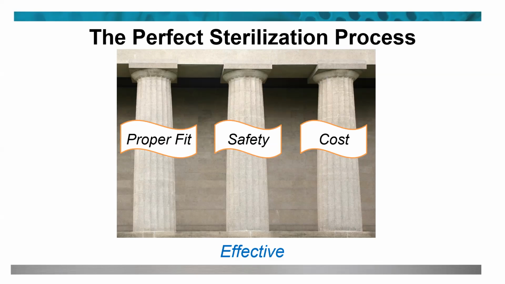It must be safe, and safety measures should be easily obtainable. So again, we want to look at that. And then the cost must not break your budget in the future or even now. You see, we have 3 pillars, and we don't have a pillar for the sterilizer being effective.